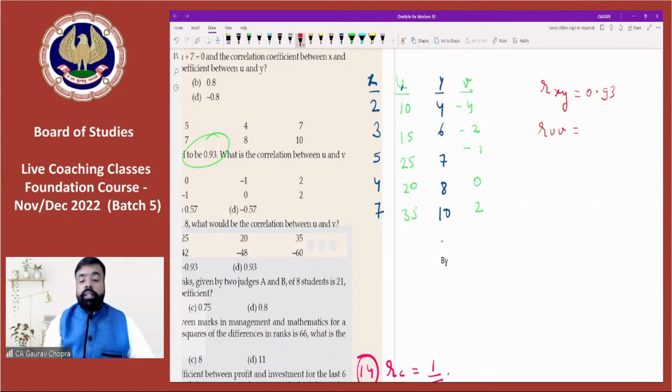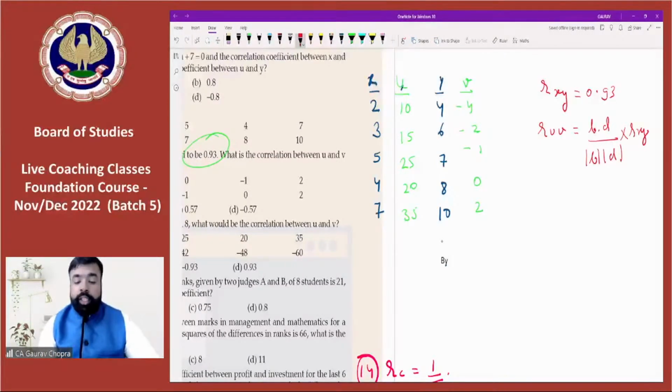So what we had done, we have written the formula: BD upon mod B mod D, multiplied by RXY. This is the formula. Now, for this B and D, we have to prepare the equation.